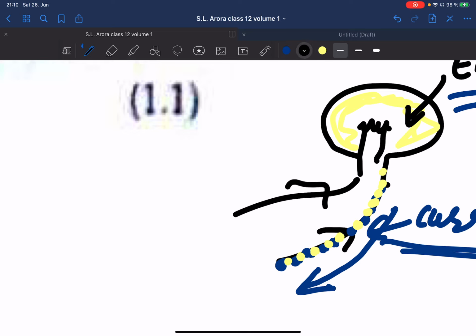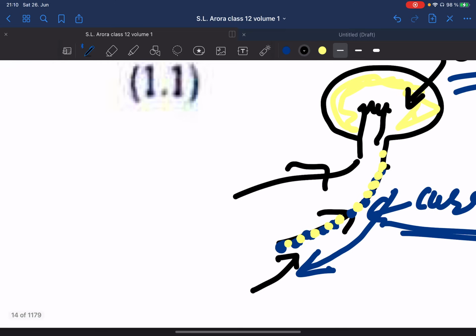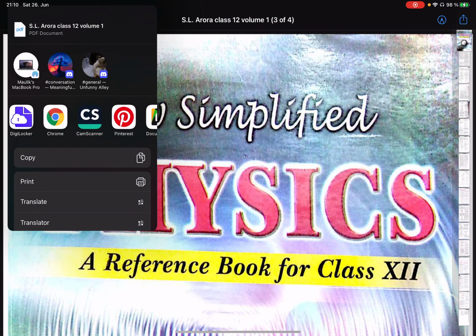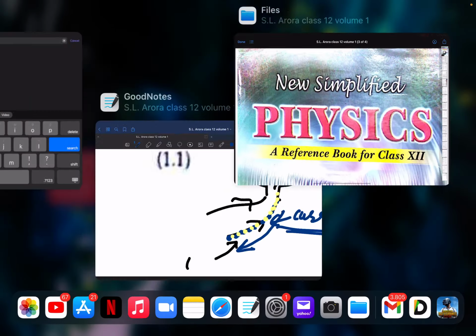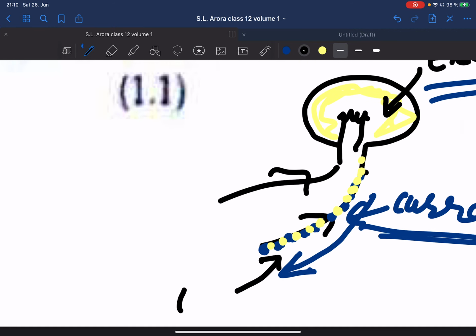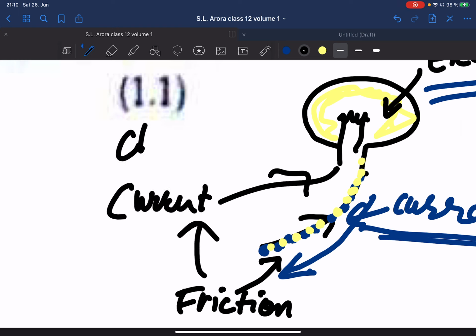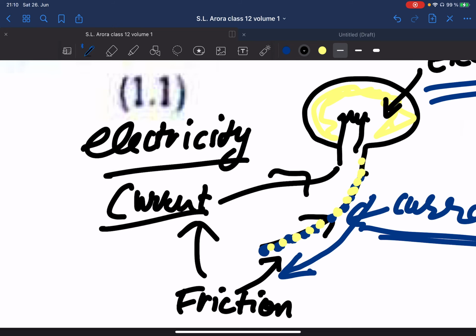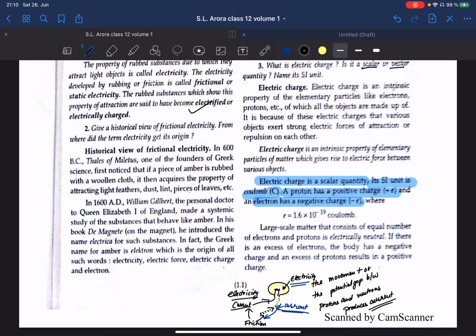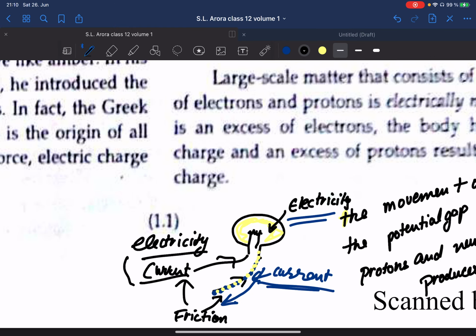And the friction that happens produces current, or electricity.